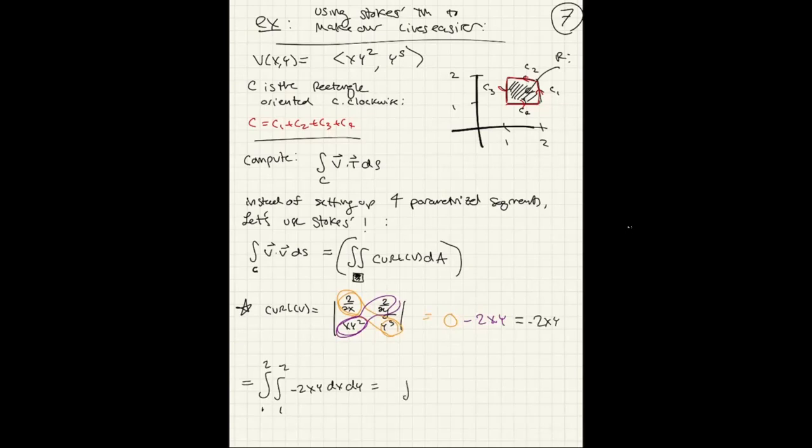I'm doing 1 to 2 of negative y x squared evaluated at 2 and 1 dy, which is the integral from 1 to 2 of negative 3y dy, and that's negative 3 halves y squared evaluated at 2 and 1.